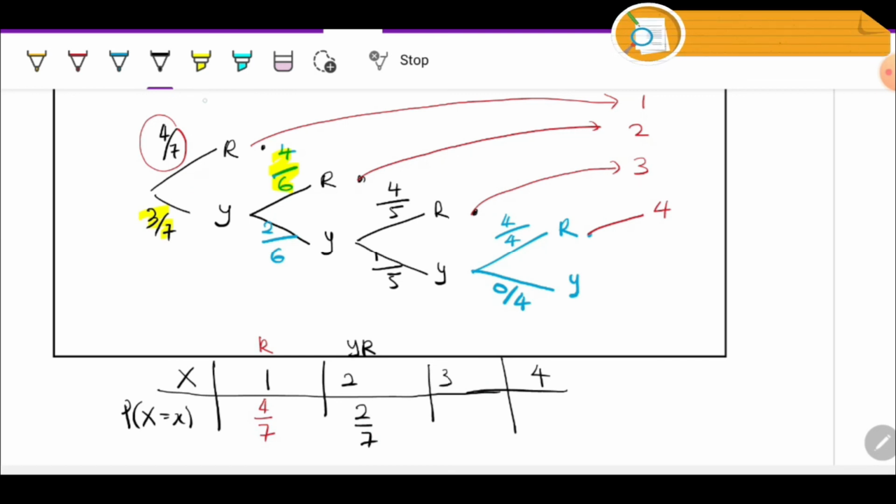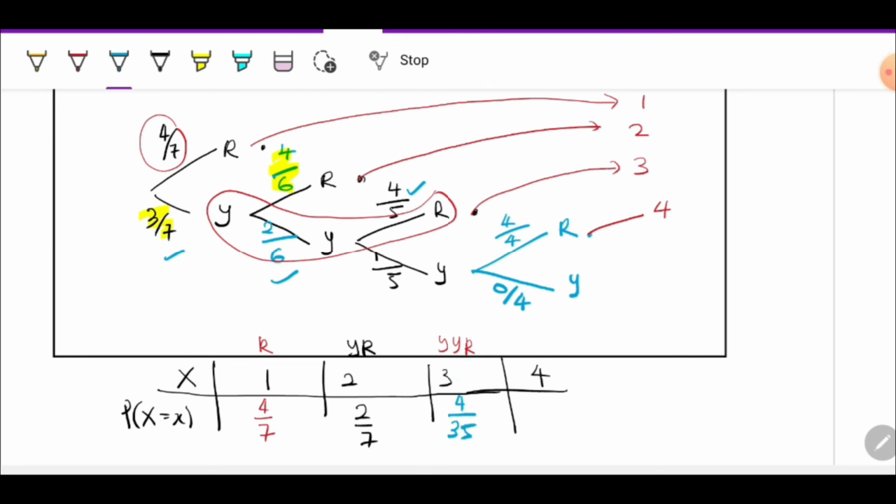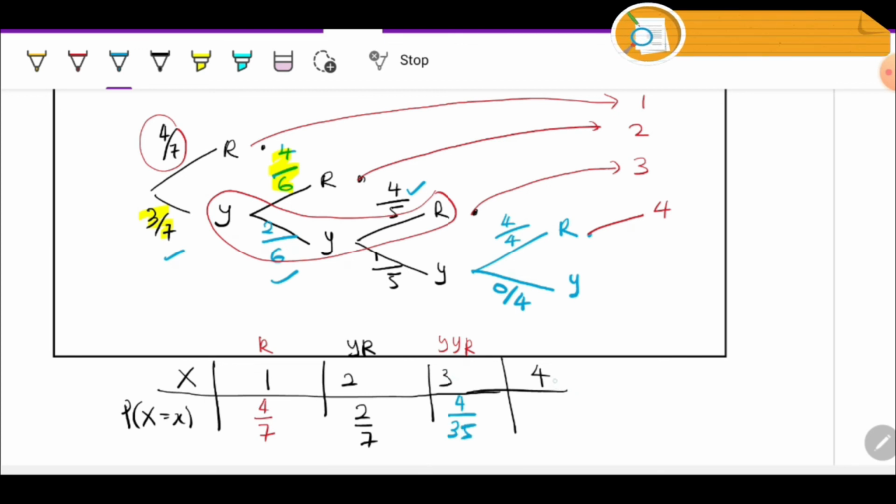3 means we have 3 towels, which is yellow, yellow and red. To get the probability, multiply 3 over 7 times 2 over 6 times 4 over 5, then we get 4 over 35. 4 means 4 towels, which is yellow, yellow, yellow and red.